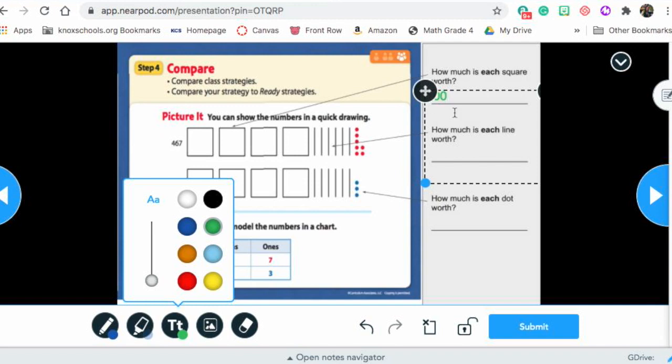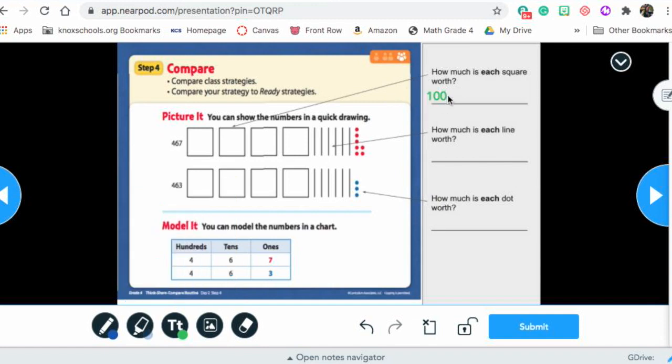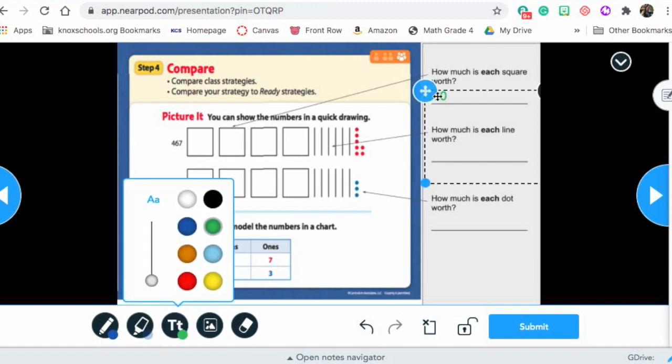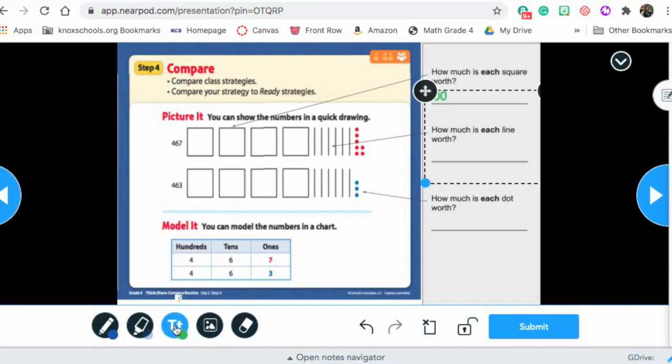Now I know at first you might go, does that say 100? Because this is on top of it, but all you have to do is click off to the side somewhere and you'll see it did put 100. If you needed to edit that, you could double click it. I think we have to press the text again, and you can double click it, and then you can make any adjustments that you need to make.